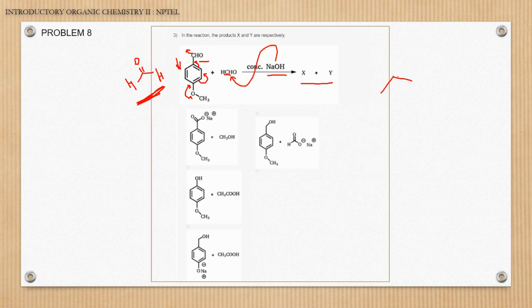Now if attack takes place on the formaldehyde, then what will happen? This will give you this. Again, a dianion is getting formed, right? Which I have shown you previously in the mechanism.